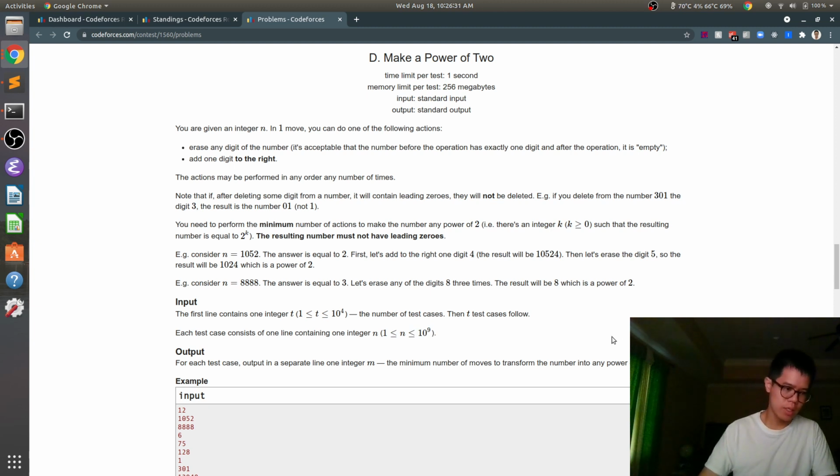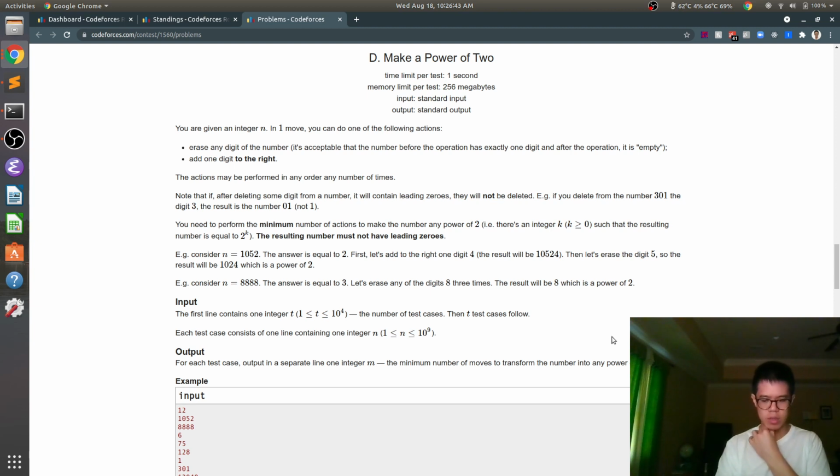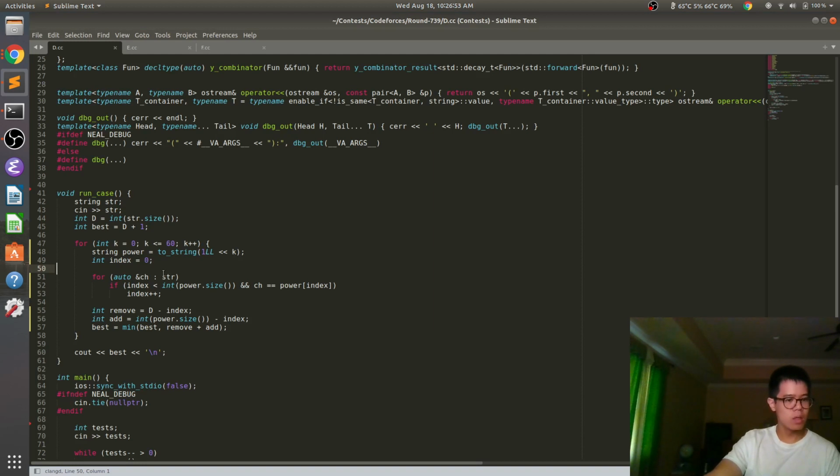For anything less than 10 to the 9th, you have at most 8 digits. You remove all the digits and add a 1, and that takes at most 9 operations. So when you have 10 to the 9th, and you add 9 more digits, you can end up with something around 10 to the 18th, and that's exactly what 2 to the 60 is. So that's why we don't need to go further than 60.